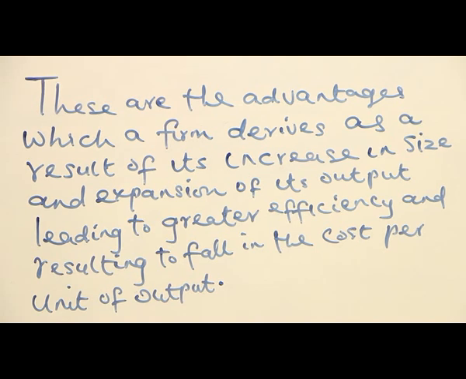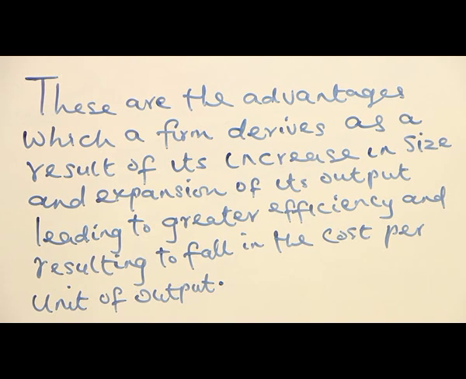But consider a situation where a firm is having an increase in size, likewise expansion of output, but there is no efficiency in what the firm is doing. So far there is no efficiency in it, definitely there might be an increase in the cost per unit. Therefore, we call it internal diseconomies of scale.